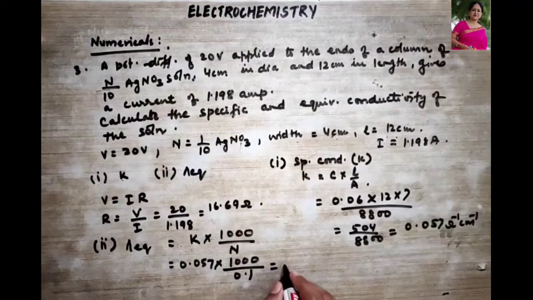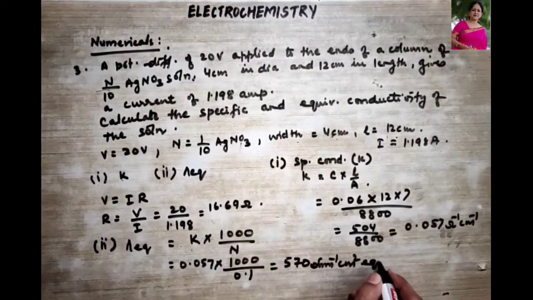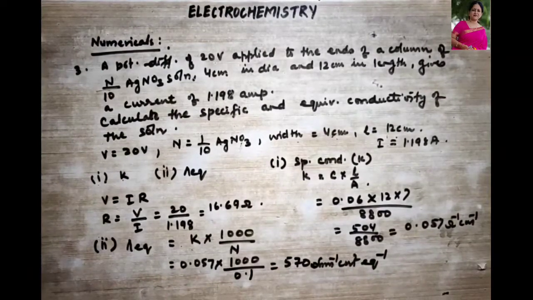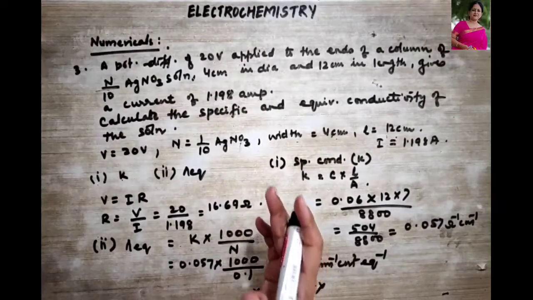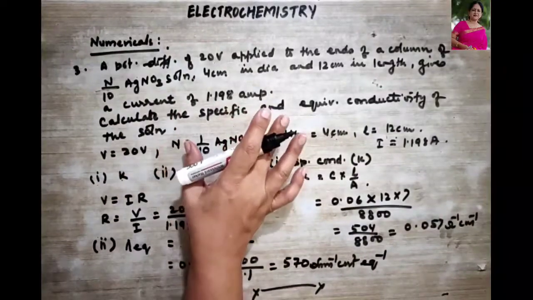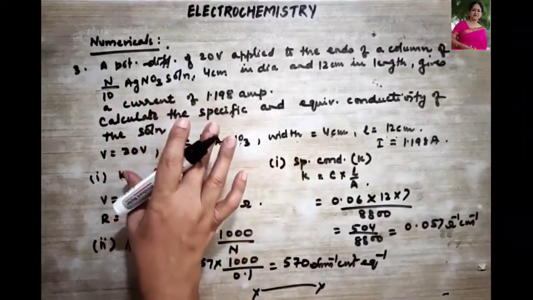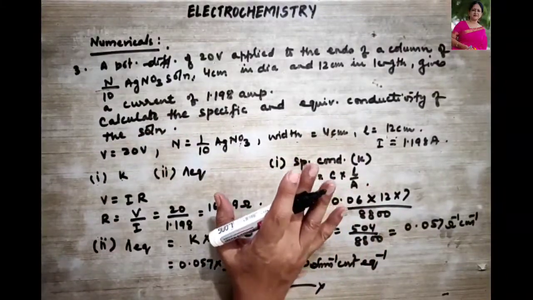And therefore this will be equal to 570 per ohm centimeter square per equivalent. So this is how we need to do the numericals. So I stop over here today and I shall continue talking about the variation of the molar conductivity with concentration for the strong electrolyte and for the weak electrolyte in the next video. Thank you.